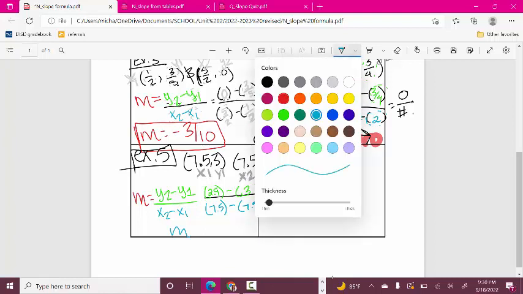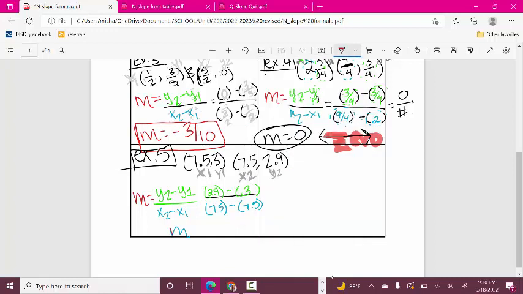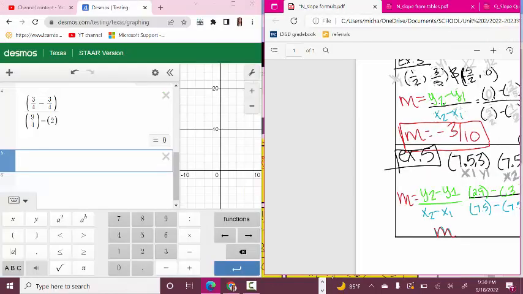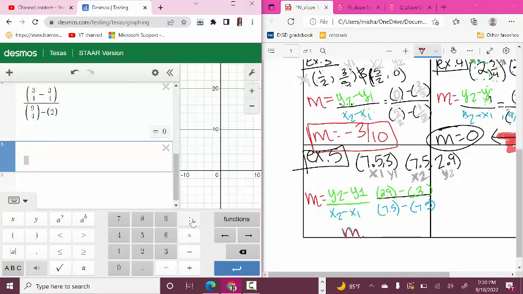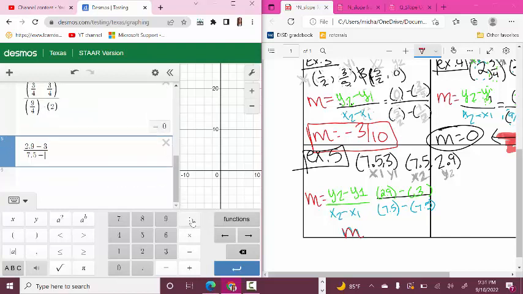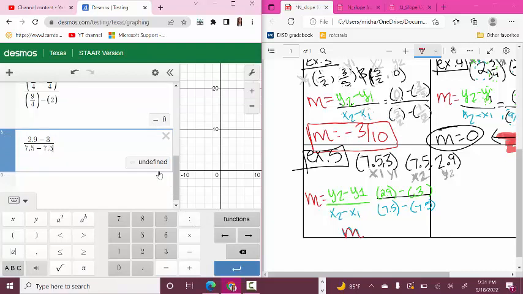Now I can turn to my calculator if I need it. Even if you don't need it, please double check yourself on the calculator. We've got 2.9 minus 3 in the numerator, and then 7.5 minus itself in the denominator. And that says undefined. So the slope here is undefined, which means it's a vertical line.